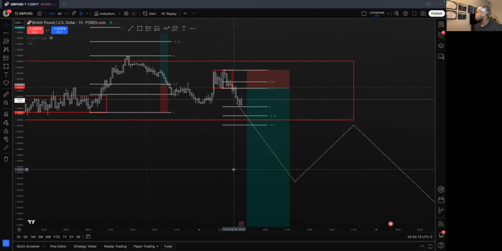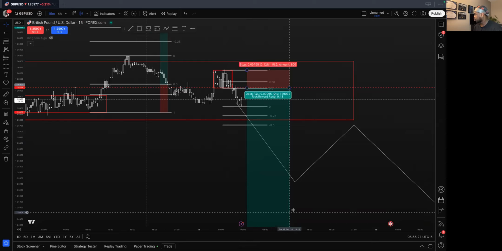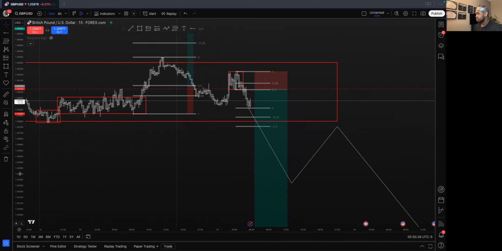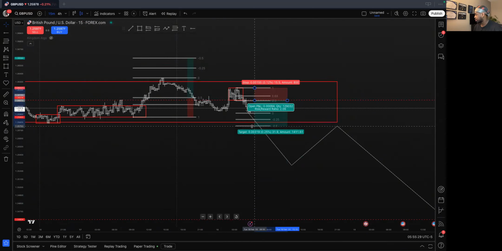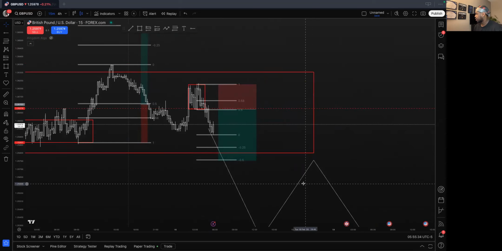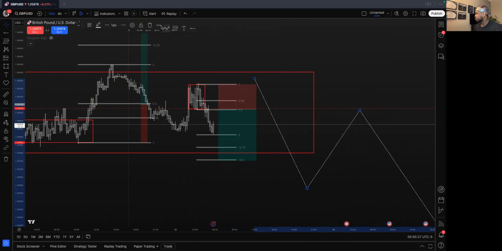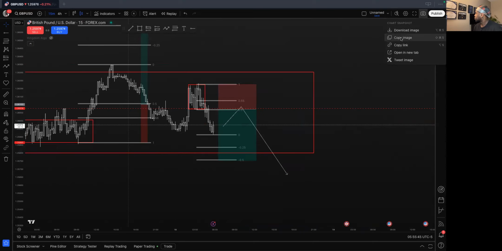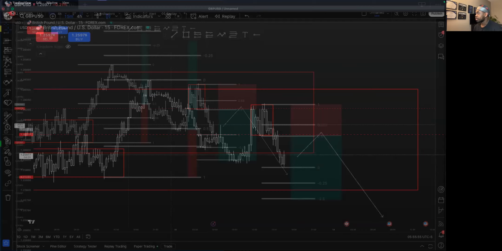So this is what we got right now. So I am going to screenshot this. Let me put the whole setup in perspective just so they can see it. I'll just make that smaller. So we're going to copy the image, pull up my Discord, which is over here. Let me pull that up for y'all.